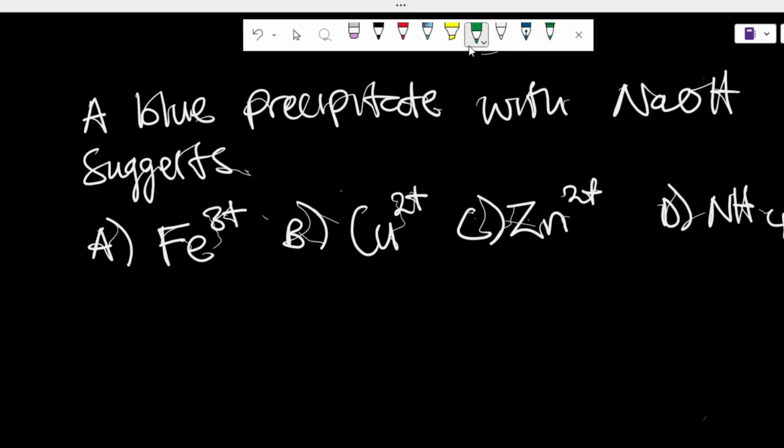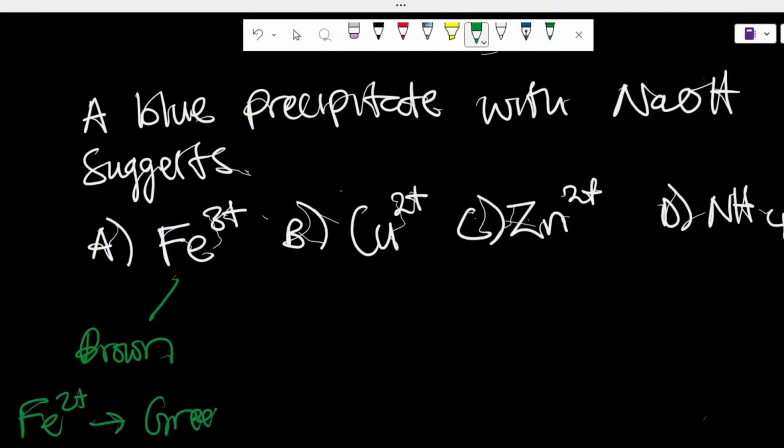Here's a question for you. A blue precipitate with sodium hydroxide suggests A, iron 3 plus ions, or B, copper 2 plus ions, or C, zinc 2 plus ions, or D, ammonium ions. What would you say? Well, if you remember, iron 3 produces a brown precipitate. If it is iron 2, then you are going to have a green precipitate.